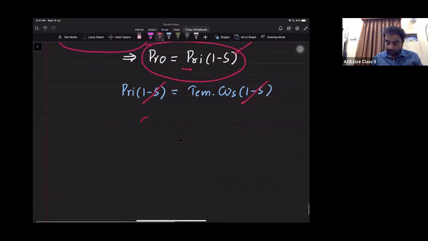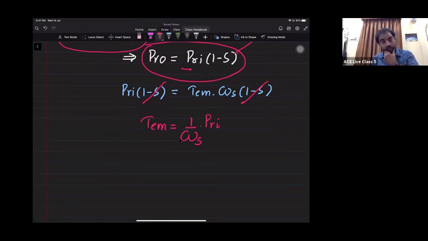Then electromagnetic torque is equal to 1 by omega S into the rotor input. So if you want to calculate the electromagnetic torque, it is the rotor input by omega S.